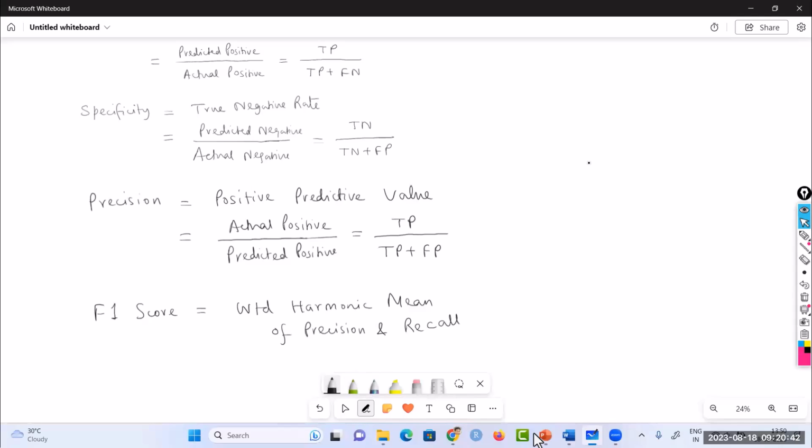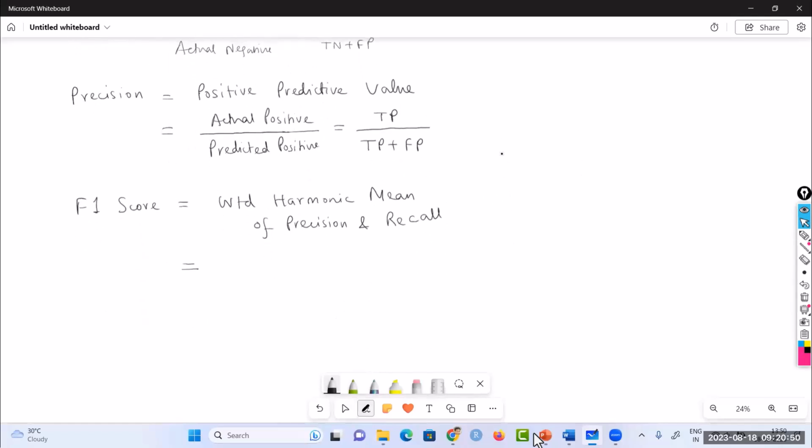Recall means sensitivity, that is true positive rate. So here I'll just write this: 2 times precision times recall, over precision plus recall.